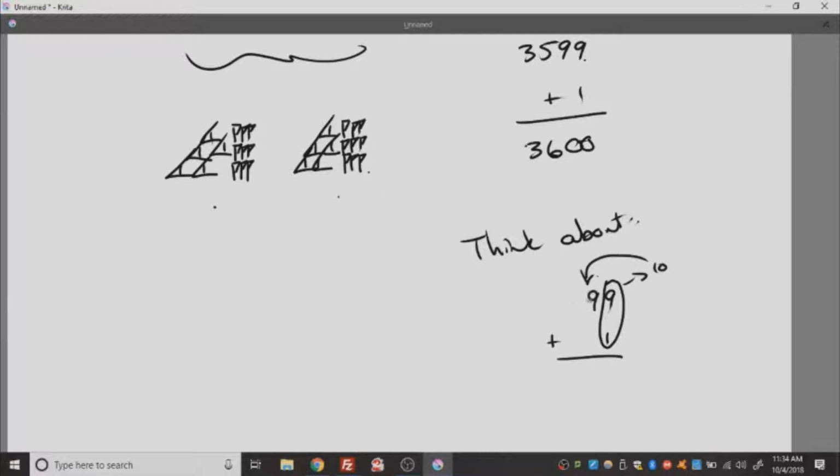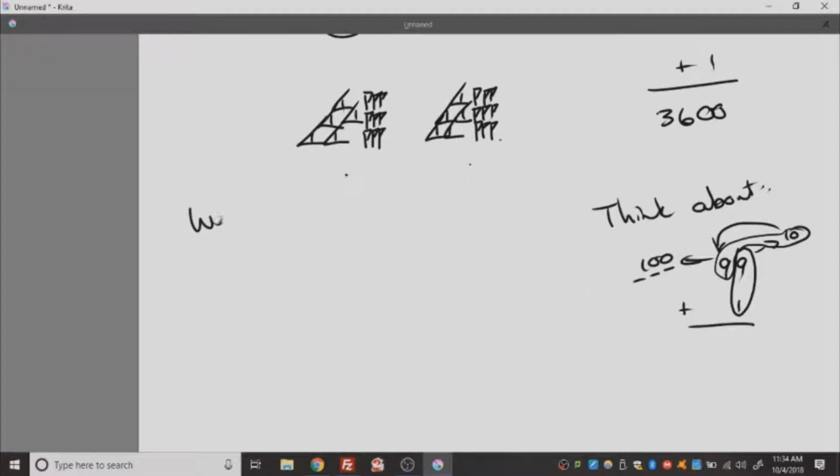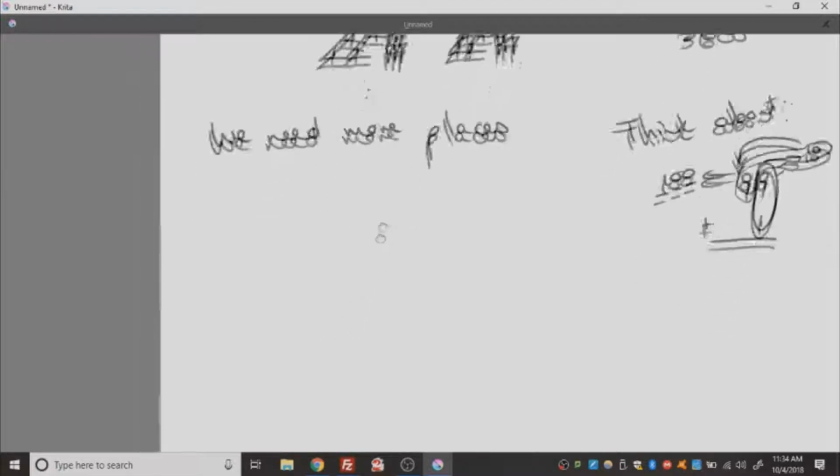But the tens are also full. There are 9 tens. With another 10, together make 100, which has a 3-place representation. So we need more places when they're both full.